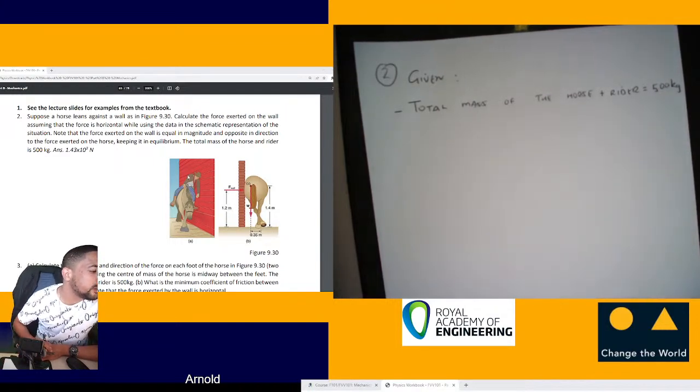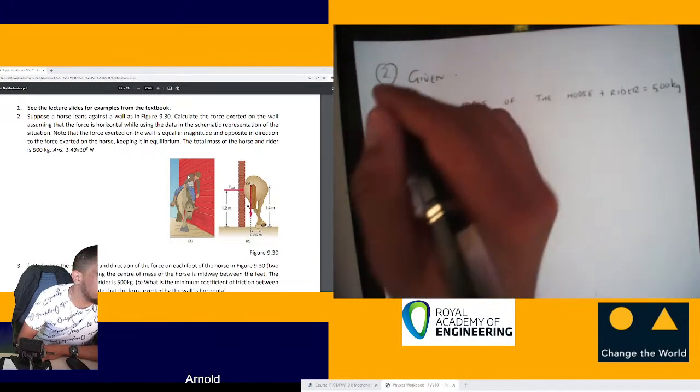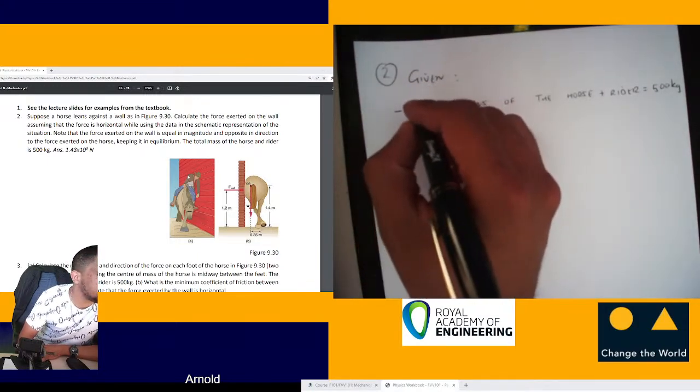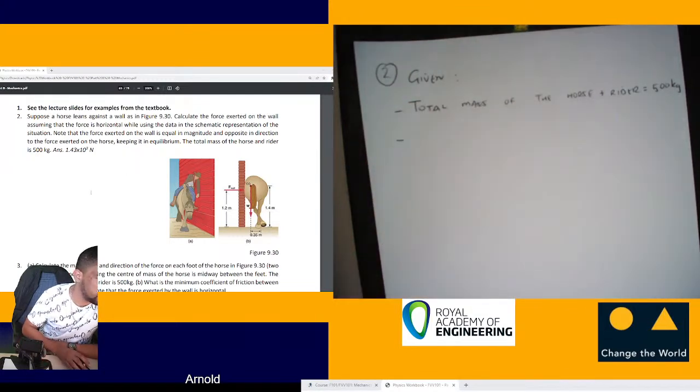Now the perpendicular distance from the center of mass of the horse and the rider to the toe of the horse. Where is the drawing? There. The perpendicular distance from the center of mass of the horse to the toe of the horse is 0.35 meters.